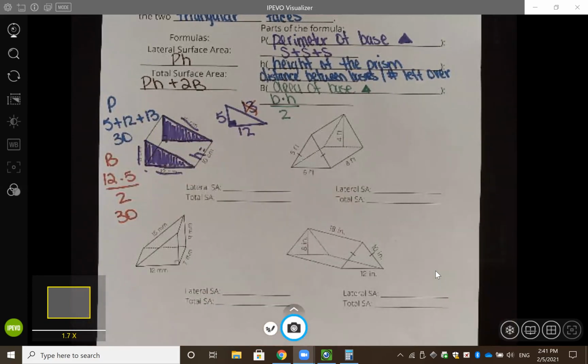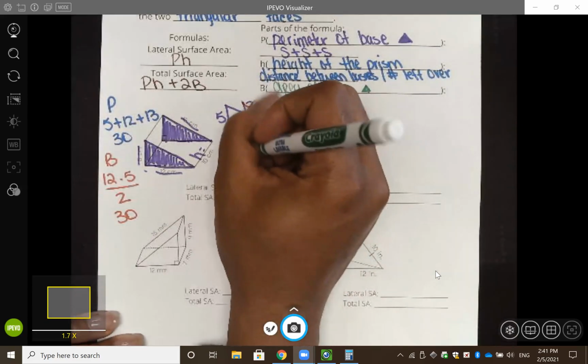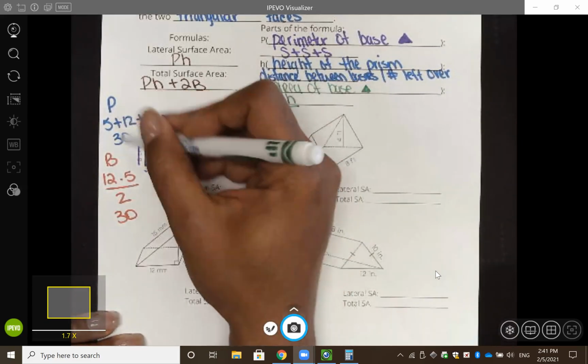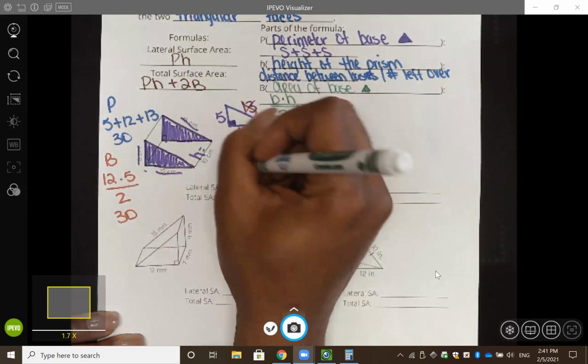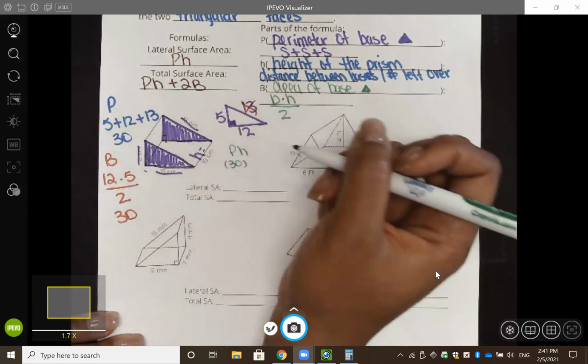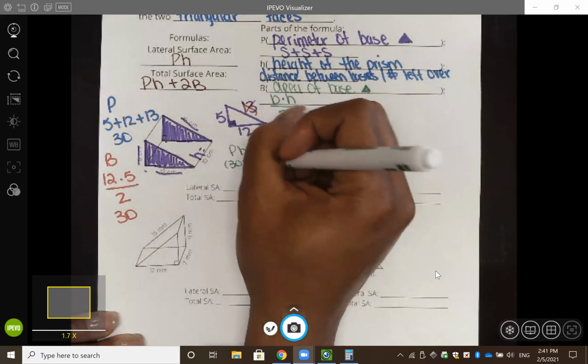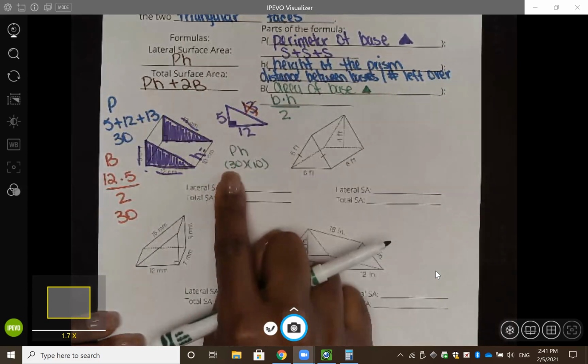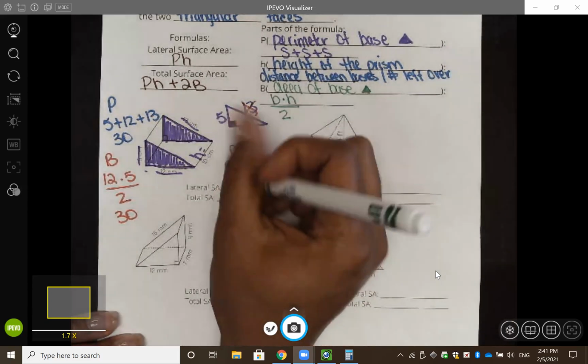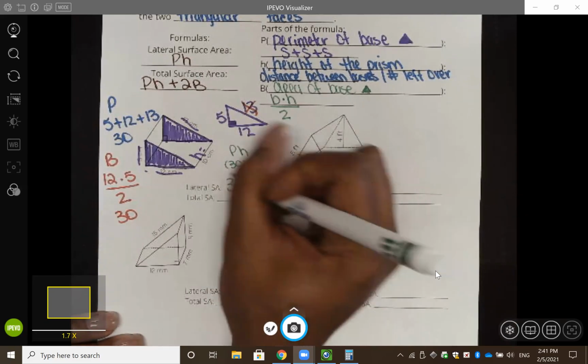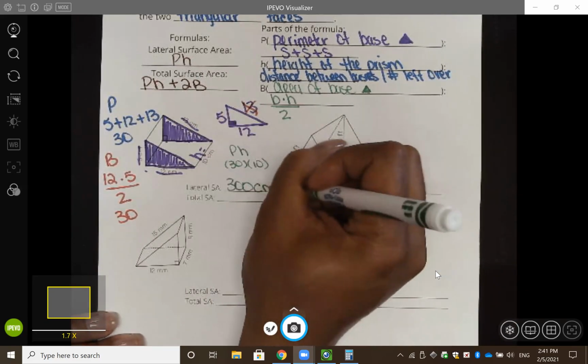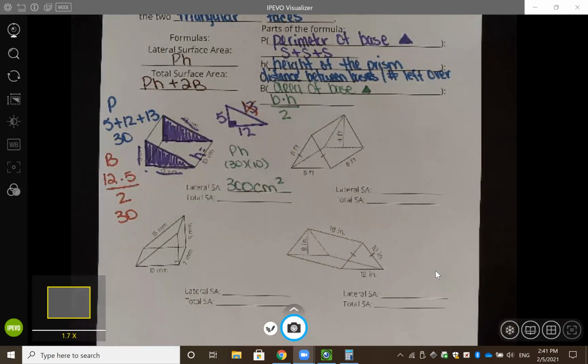First, I'm going to do my lateral, which is perimeter times height. My perimeter identified is 30 and my height is 10. So when I do 30 times 10, I'm going to get 300, and it's centimeters squared. Now to finish that up, I am going to add the rest of the formula.